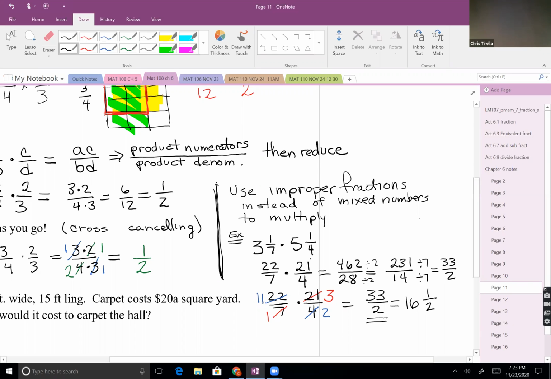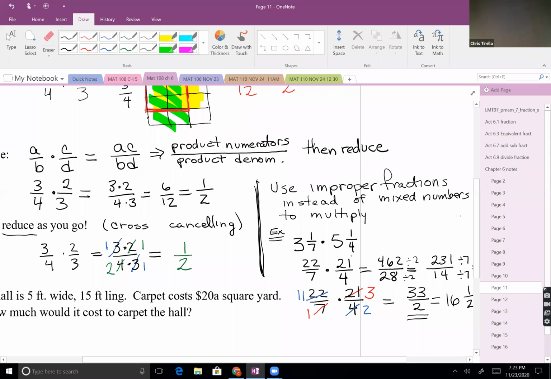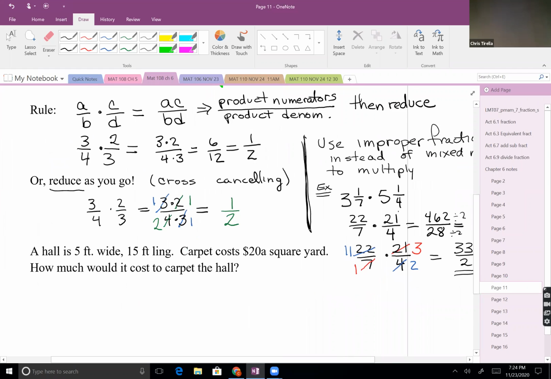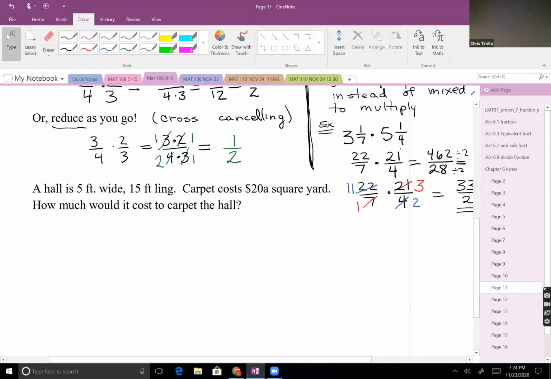So how was that? Any questions? If not, from the textbook, I pulled out a couple of interesting word problems that involve this idea of multiplication with fractions.